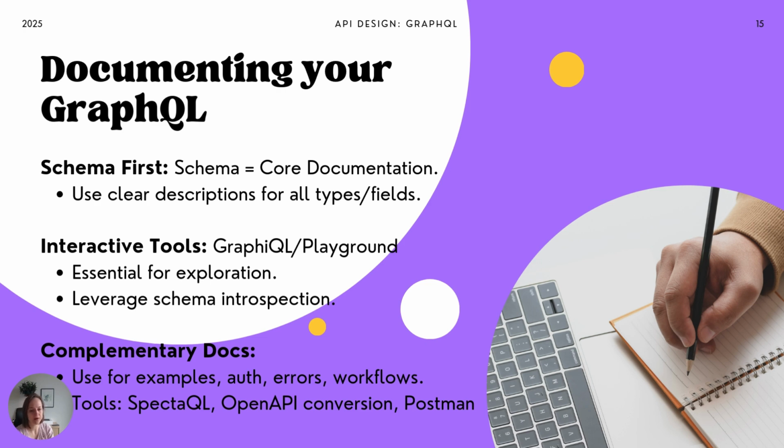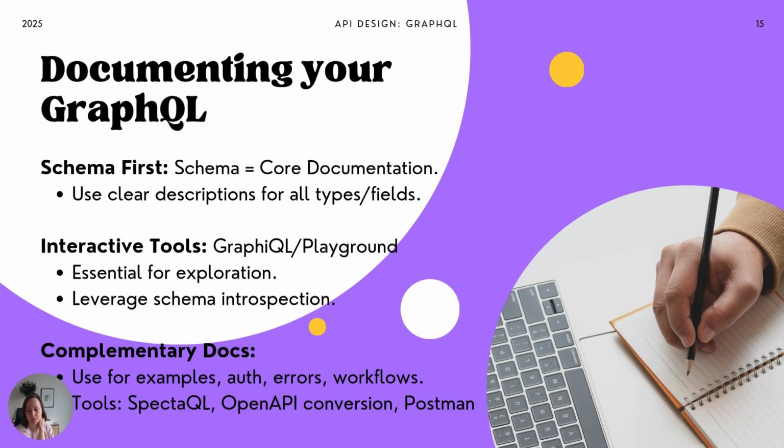Then we have interactive tools. Yes, please make them available. Leverage schema introspection and exploration. But even on top of that, we need some kind of examples and some kind of walkthrough for everything that is possible for your user to have.